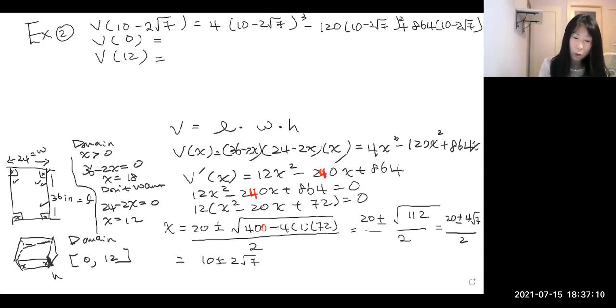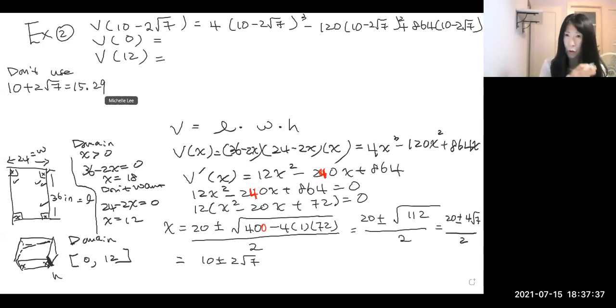Okay, we don't use ten plus 2 square root of 7, because this is over 15. This value is 15.29, which is beyond the domain. Can you see that?